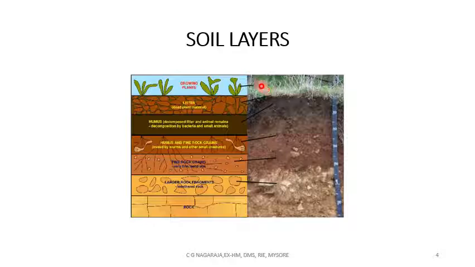So the topmost part of the soil is very, very rich in plants and animals. If you look at the earth as a whole, the topmost part that is visible from the aeroplane or from the satellite will be the first layer, called the zone of living beings.